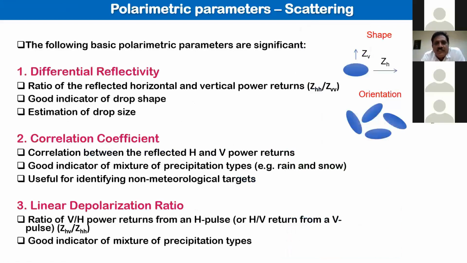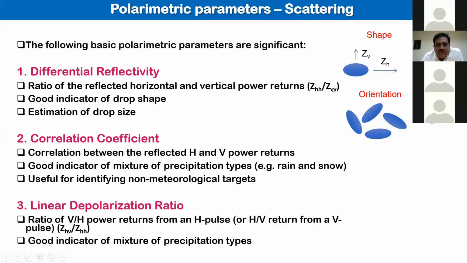So what are the additional parameters that you can get with the polarimetric radar? With a single polarization radar, you are getting only the reflectivity, Doppler velocity, and spectral width. With polarimetric radar, you get all these three parameters at two polarizations. From there you can calculate the differential reflectivity. It is the ratio of horizontal to vertical power return, ZHH by ZVV.